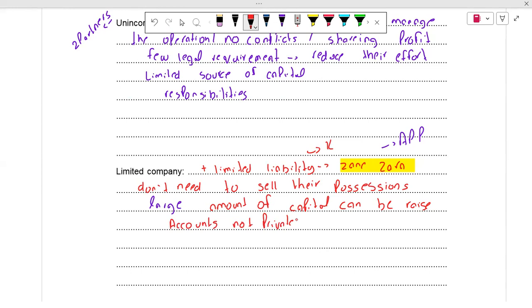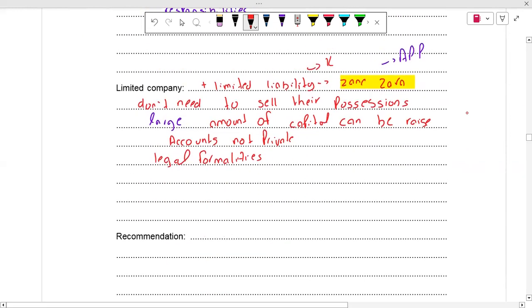And there are also legal formalities. Okay. So we should write two plus points and two negative points.